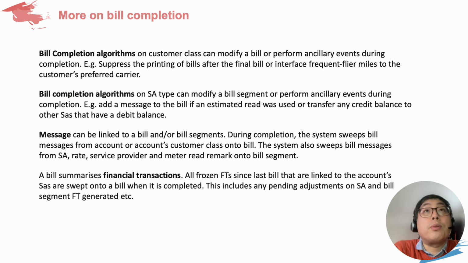For example, suppressing the printing of the bill after the final bill, or interfacing to a frequent flyer award system, so interface the award points to the customer mileage program, for example. Similarly, this can be done on the completion on the SA type.